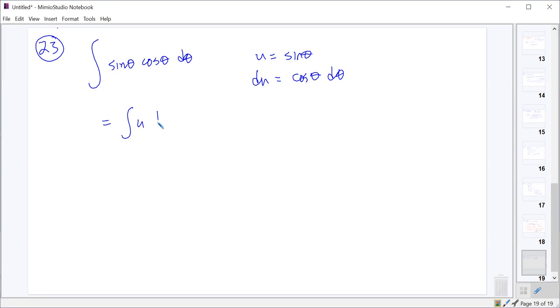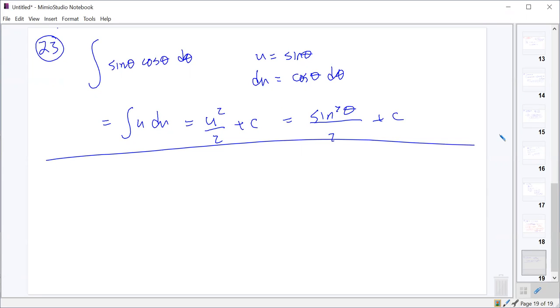So this just becomes the integral of u du, which is u squared over 2 plus our constant, or sine squared theta over 2 plus our constant, which is not any of our answer choices. We could use some Pythagorean trig identities to turn this into one of our answer choices, but we're not going to bother with that right now. We could also do the integral of sine theta cosine theta by letting u equal cosine theta, so that du was negative sine theta d theta.